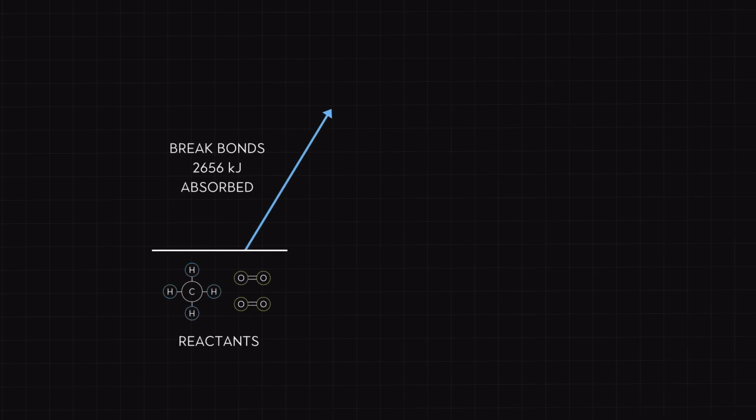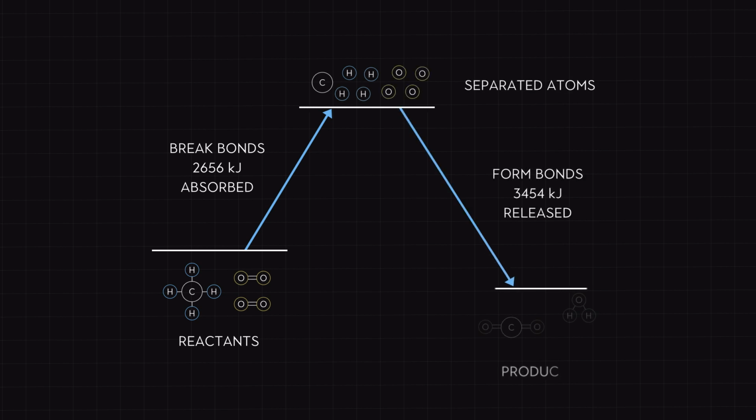Now, since more energy is needed to break bonds in the reactants, which is the 2,656 kilojoules, than is released when forming bonds in the products, which is the 3,454 kilojoules, overall, energy is given off, and the change in enthalpy for the reaction is 2,656 kilojoules minus the 3,454 kilojoules, giving negative 798 kilojoules.